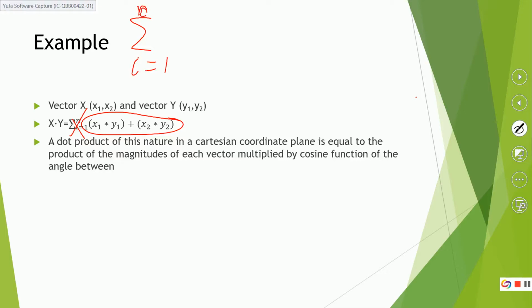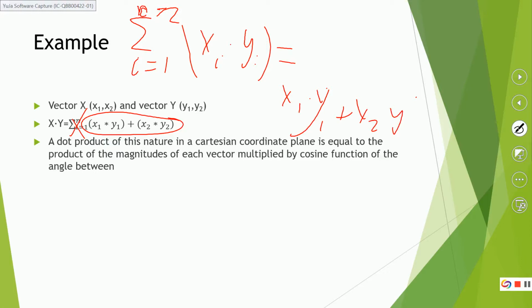Sum of x_i y_i will be x1 y1 plus x2 y2, right? So either summation or explicit. Now, I wanted to show it explicitly, but I would put one more equality sign and show either one.